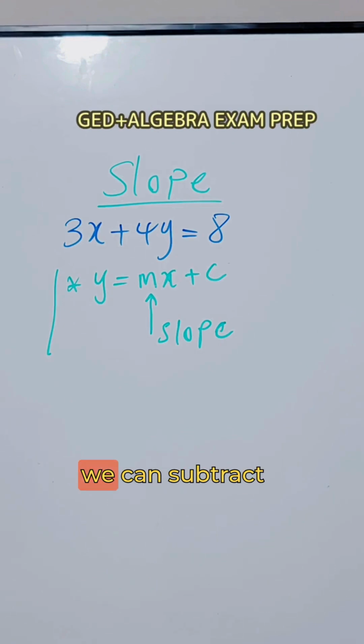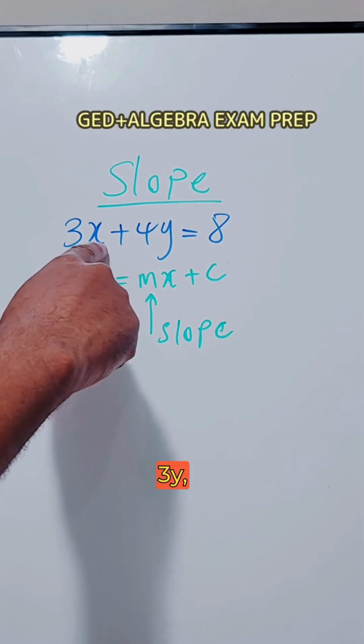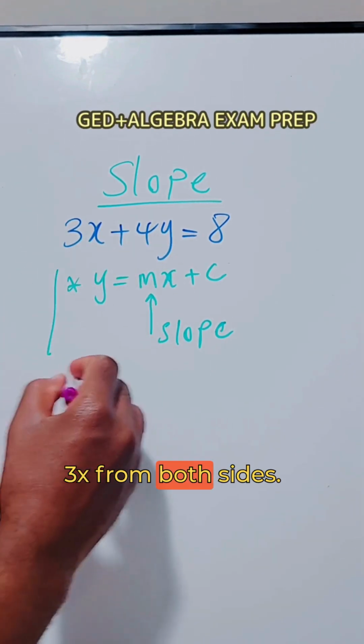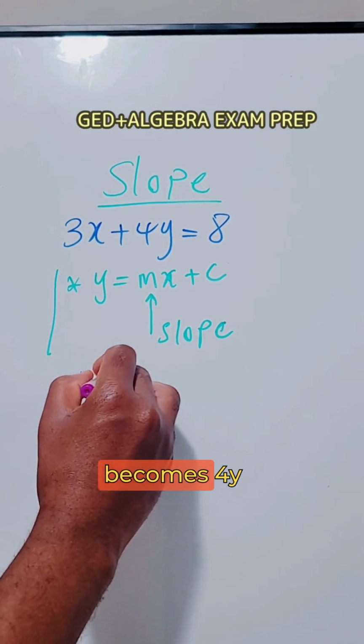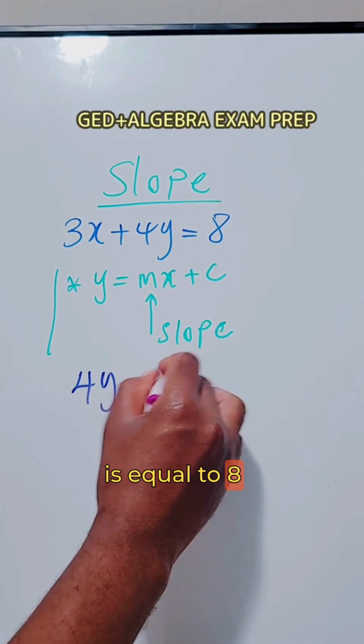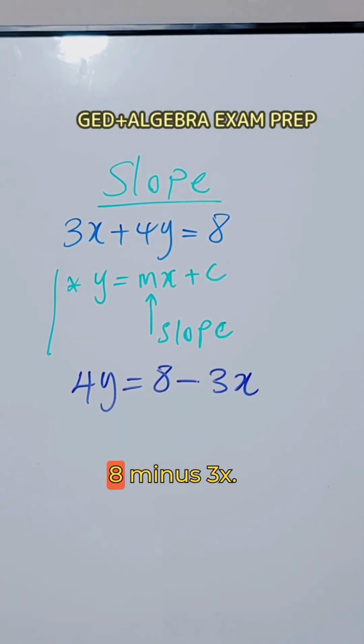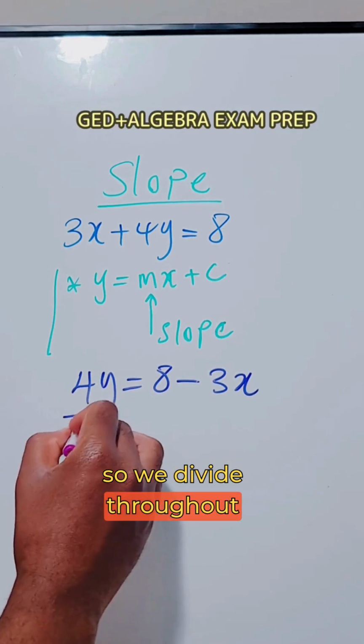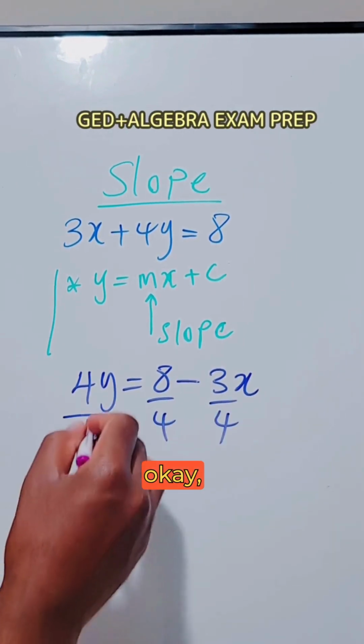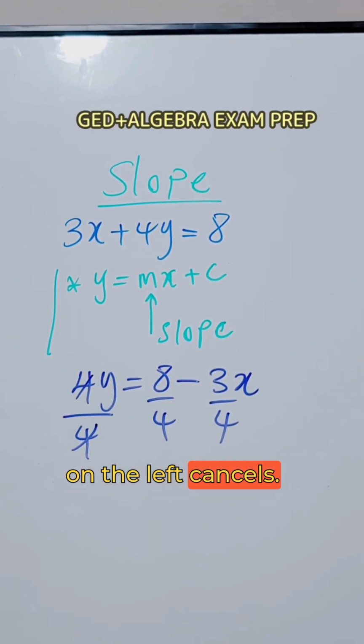So what we can do, we can subtract 3x from both sides. So this becomes 4y is equal to 8 minus 3x. Then we want y, so we divide throughout by 4. So 4 and 4 on the left cancel.